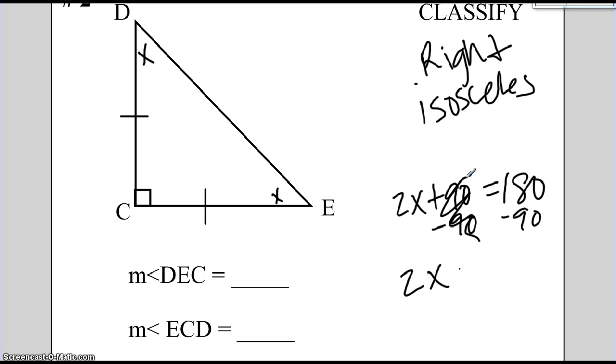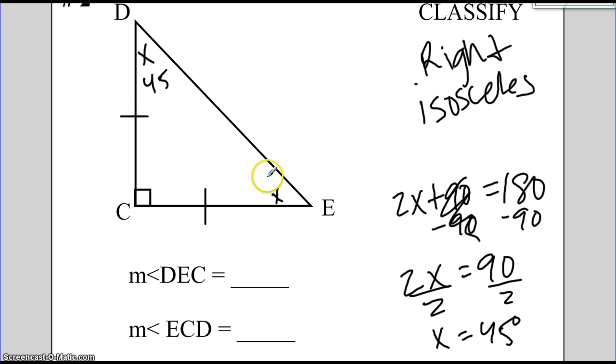I get 2x equals 90. Divide both sides by 2, and x is 45. So if this is 45, this is 45, then I know that I have DEC as 45, ECD as 90.